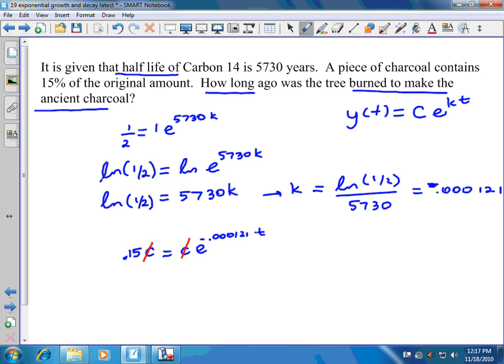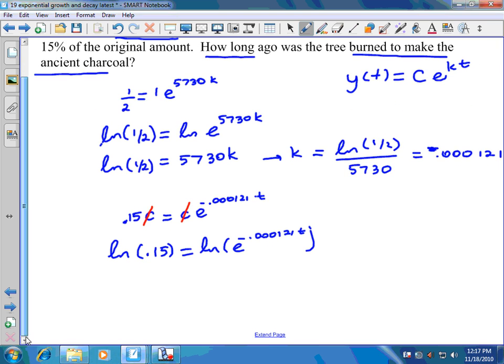And to solve for t, I will apply natural log to both sides. And on the right-hand side, I have natural log of e to this power. And as we have seen in our past examples, the right-hand side will simplify as this. And to finish the problem, just divide both sides by the coefficient of t.